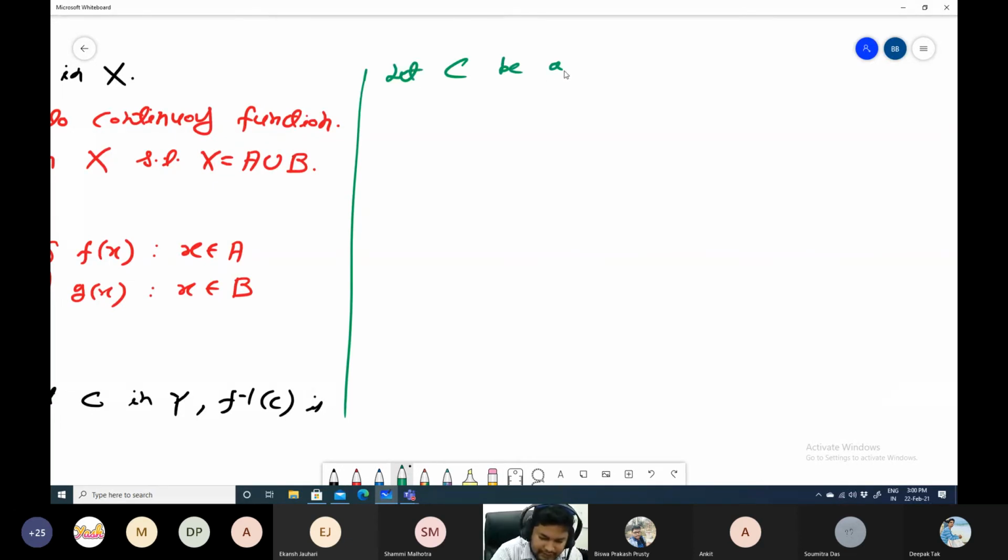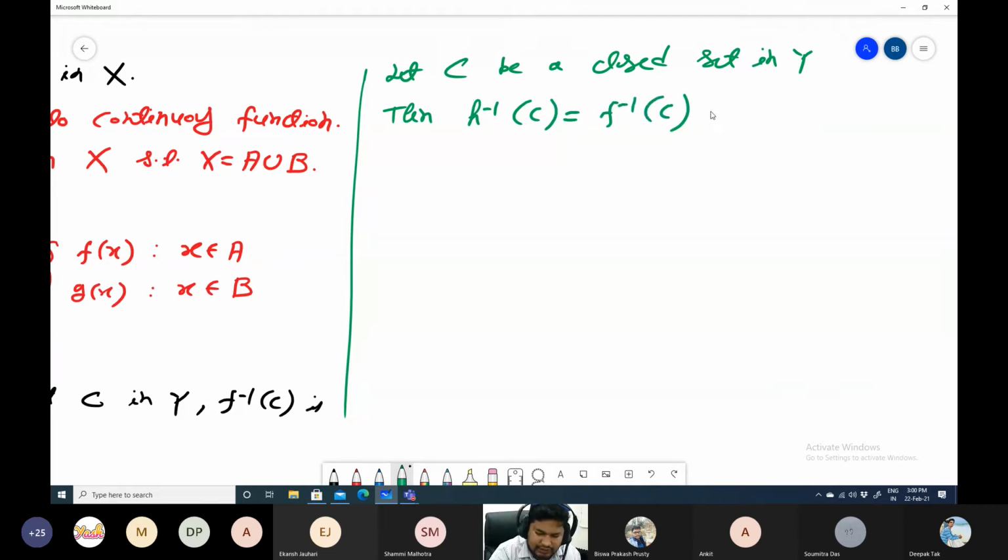So let C be a closed set in Y. Then H inverse C is equal to F inverse C union G inverse C. That is just a set theoretic argument, right?